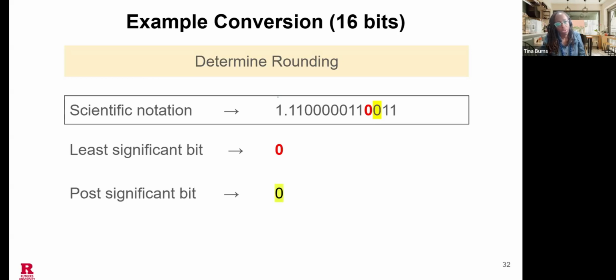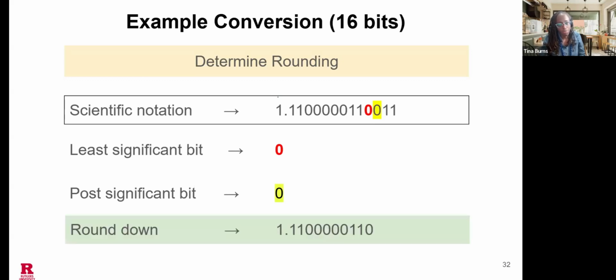The bit after it helps you determine whether you should flip the least significant bit. In this case, we don't need to, because the bit is 0. If this bit was 1, we would flip this to 1 as our point of rounding.